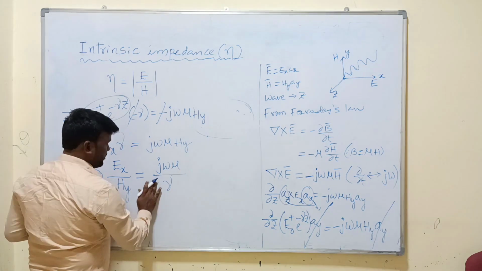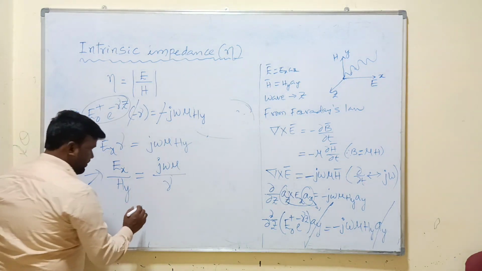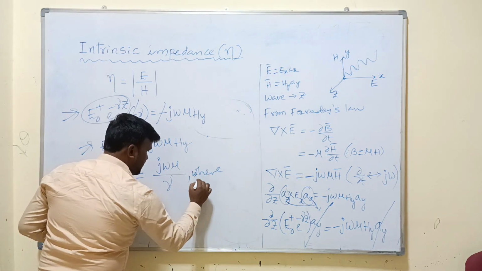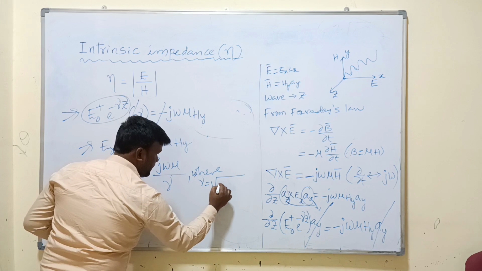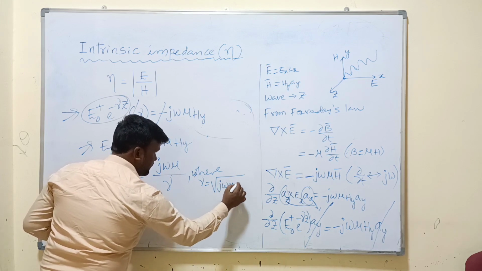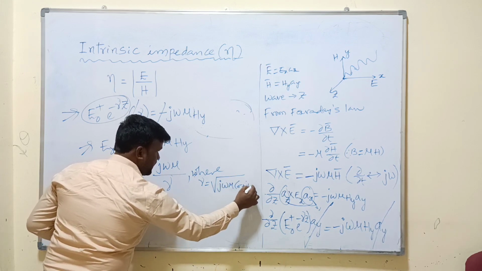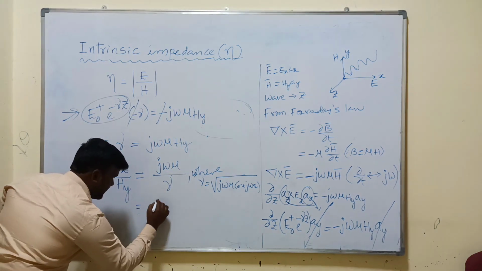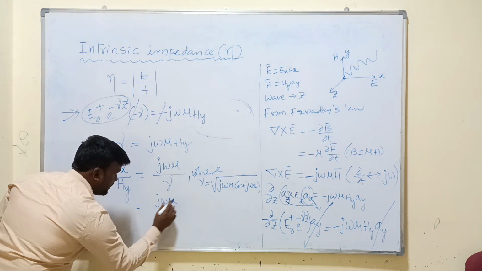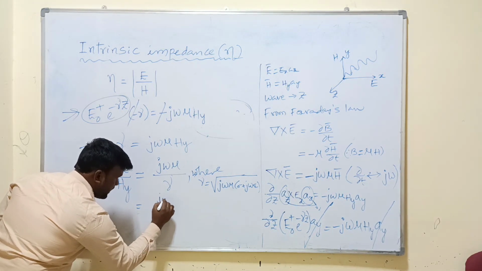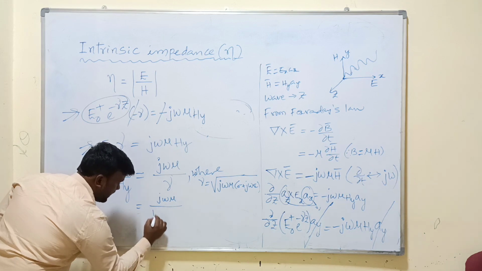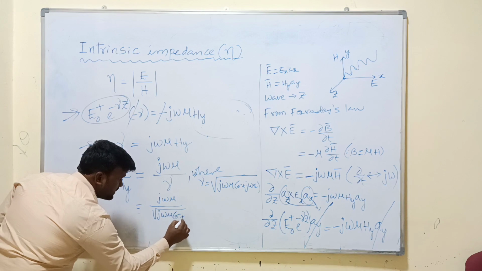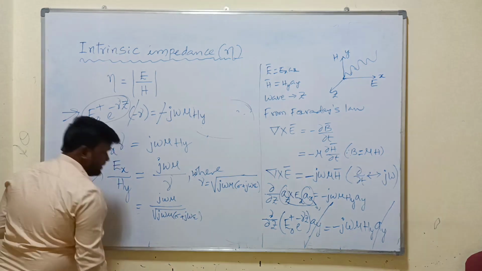Gamma is the propagation constant. This gamma is given by the square root of j omega mu into sigma plus j omega epsilon. Let us substitute that. In this one, you will get j omega mu divided by the square root of j omega mu into sigma plus j omega epsilon.